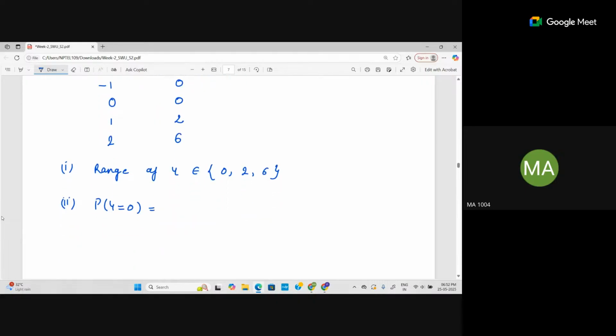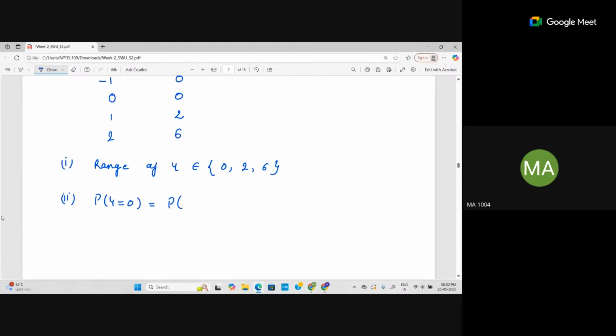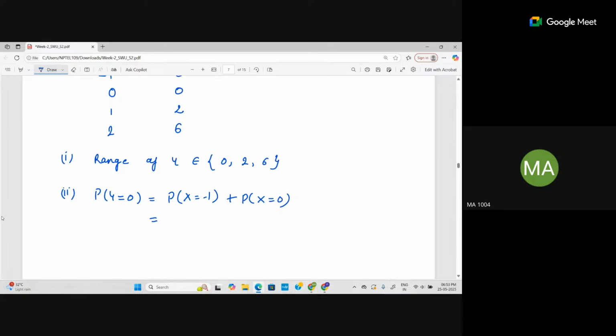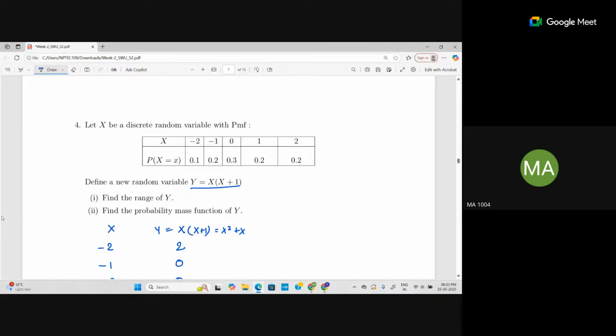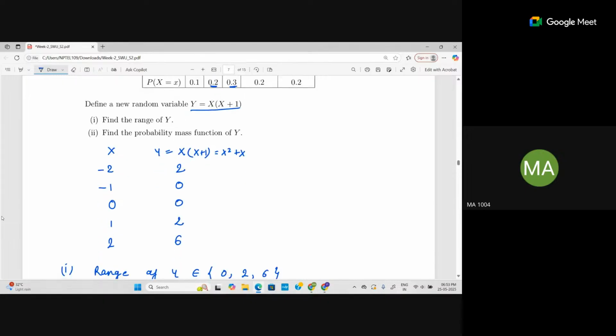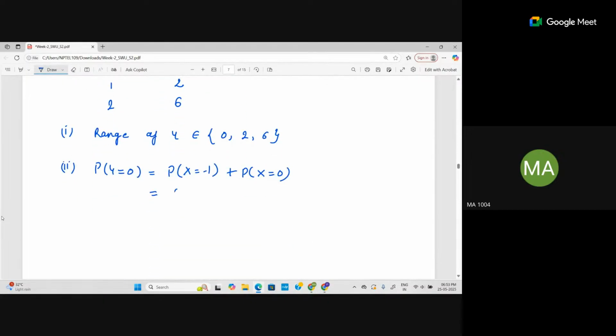So we just have to add these two probabilities. When x is equal to -1, it is 0.2, and when it is 0, it is 0.3. So it is 0.2 plus 0.3, which is equal to 0.5.